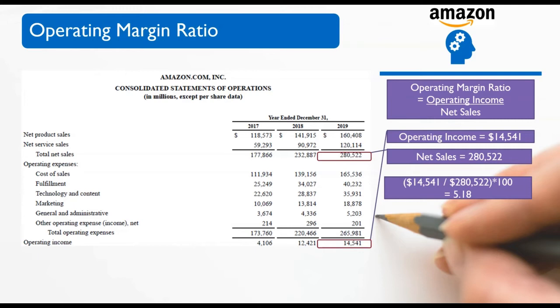Now, when you calculate that ratio, you get 5.18. This is telling us that Amazon makes around 5% of profit from every dollar of sales. In other words, after paying for direct costs and variable costs, Amazon retains around $5.18 of profit for every $100 of its sales.